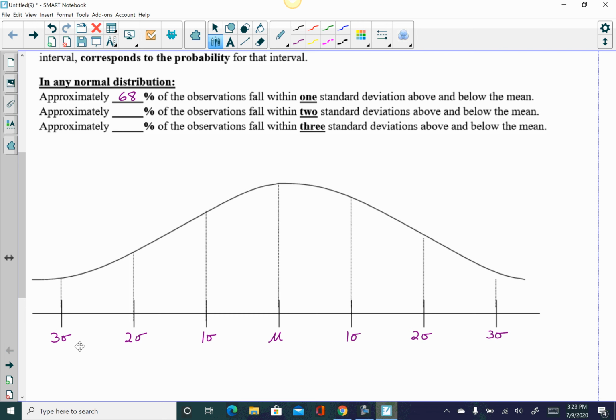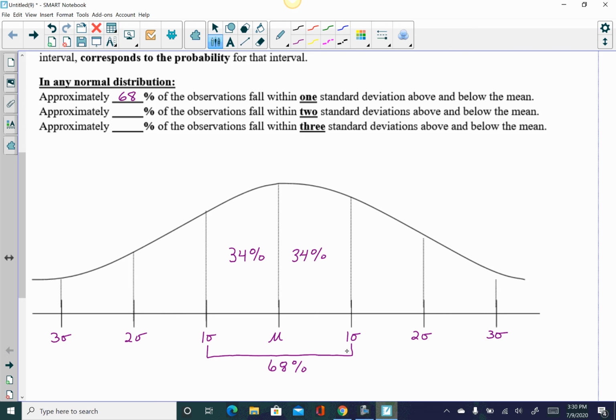And what that first sentence is saying is that 68% of my data is between 1 standard deviation above and below the mean. Remember, we're symmetric, so 68 divided by 2, 34% of my data is from 1 standard deviation below the mean to the mean, and 34% of my data is from the mean to 1 standard deviation above that mean.